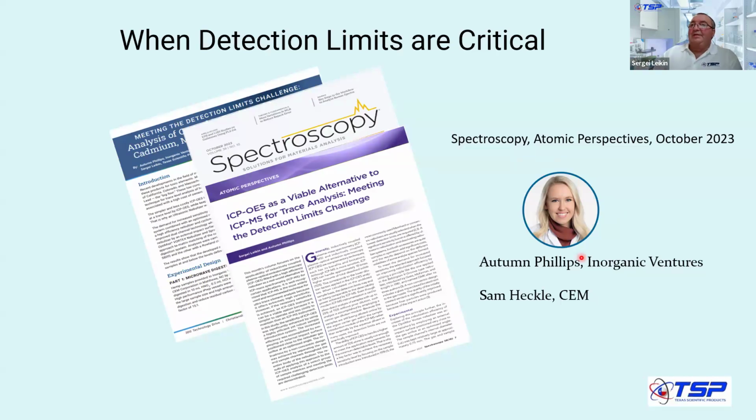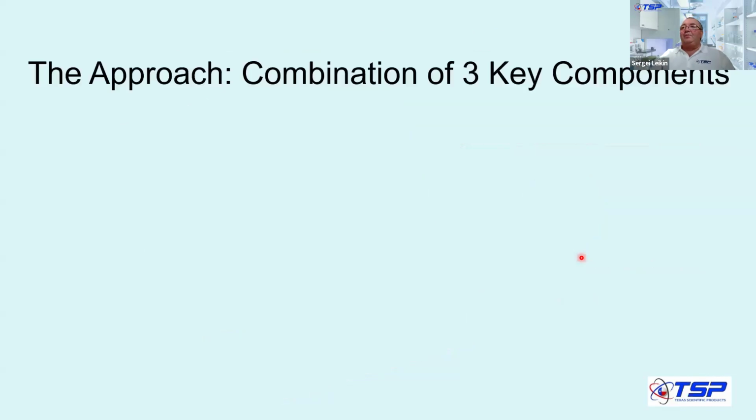Let's quickly take a look at why I'm bringing up this application, because it involves not just the sample intro, but also sample preparation and the calibration strategy with matrix matching. It's a very good example from the 30,000 feet view.